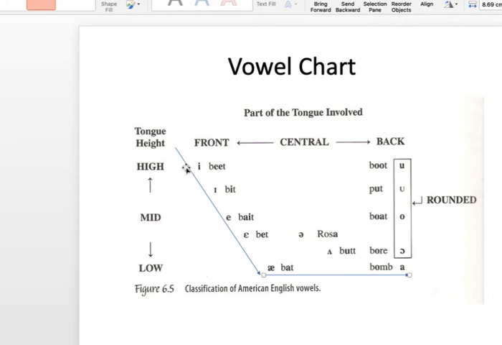And if I draw this line straight, this particular area is vacant. No vowel is produced here. What this diagram, what this chart actually shows, roughly, is the oral cavity. It represents roughly the oral cavity. What is the oral cavity?